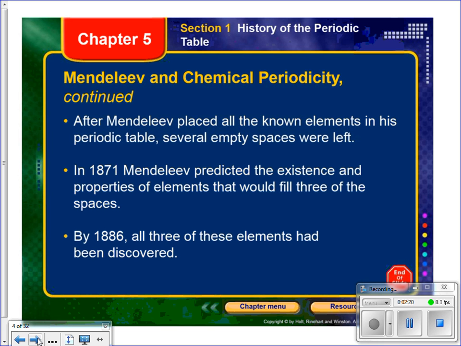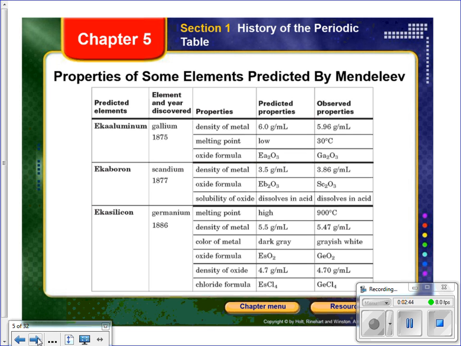Another thing with Mendeleev's periodic table is there were a couple of gaps. So once he put in all the known elements, there were missing spots. And so he was actually able to make predictions about these missing elements that have yet to be discovered. And if you look at a picture of it in your book, the predictions that he made and the actual elements are really close to correct values. So these three, gallium, scandium, and germanium, are the three elements that he made predictions about.